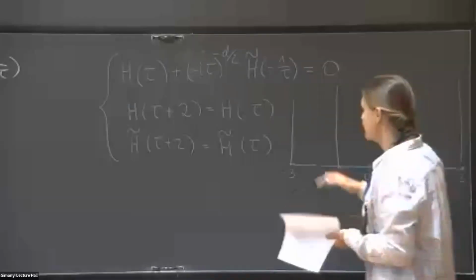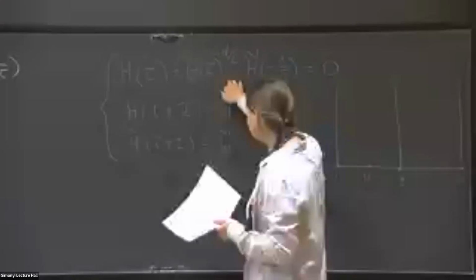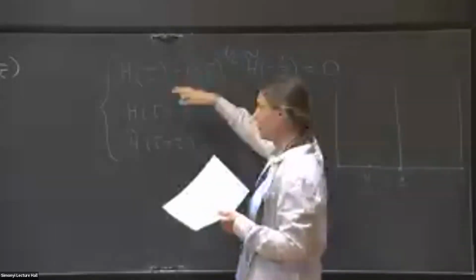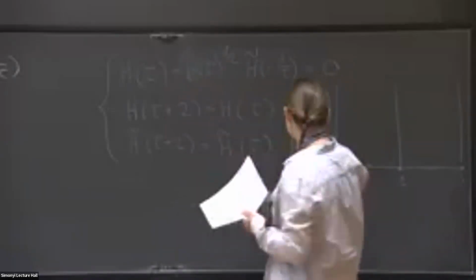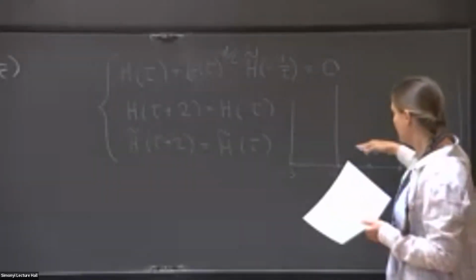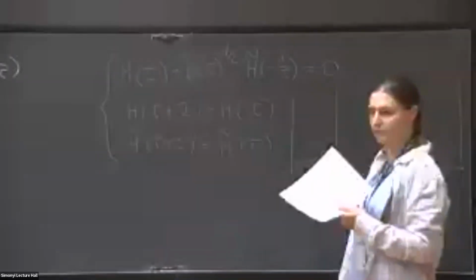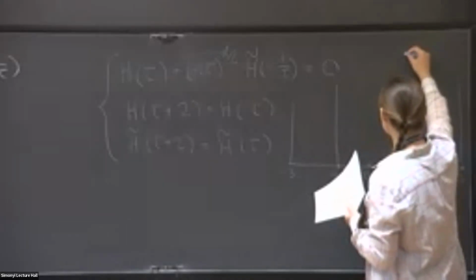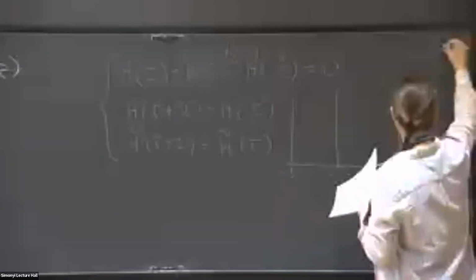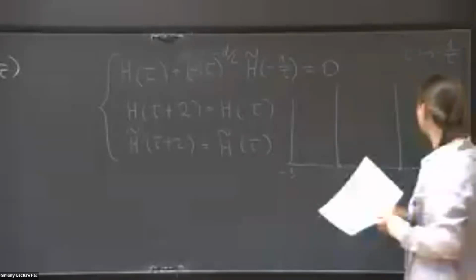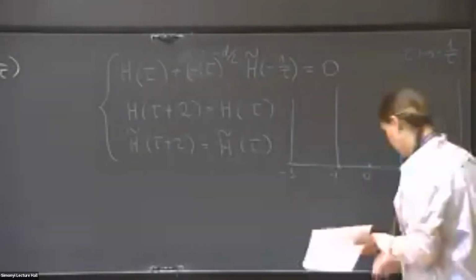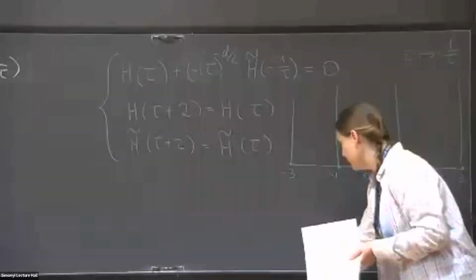And somehow what this equation means is that our function is essentially, up to sign, symmetric with respect to the inversion in the upper half plane. So it has symmetry with respect to this action on the upper half plane.